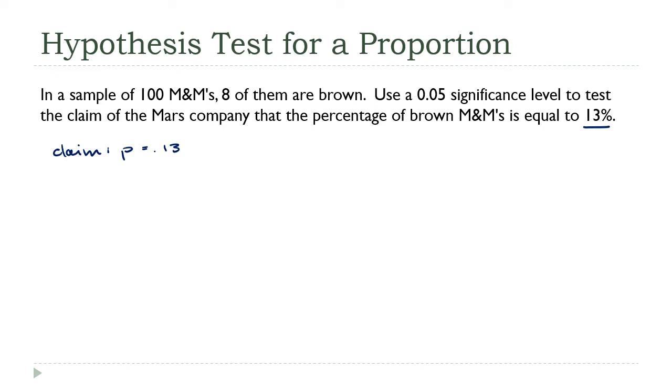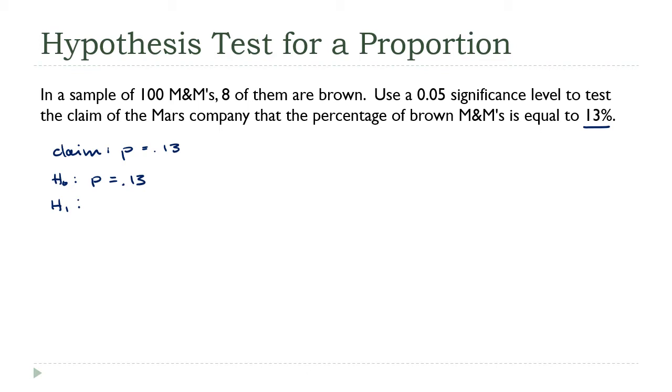Okay, so building off of that, remember, the null hypothesis always has equals in it. So my null hypothesis is going to be P is equal to 0.13. Now it's the alternative hypothesis where we have choices. Do we want to do greater than, less than, or not equal to?